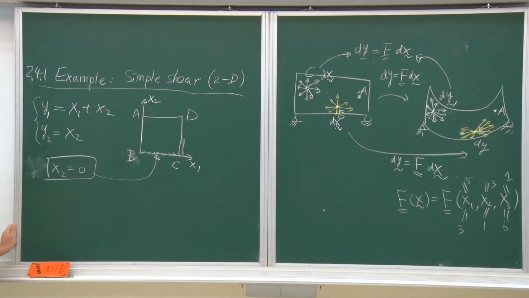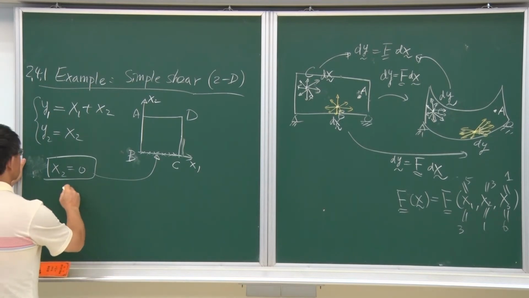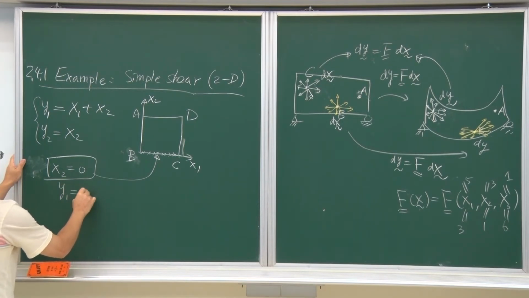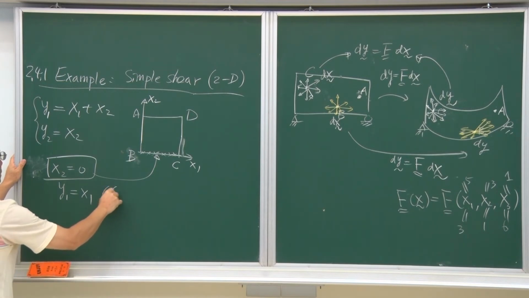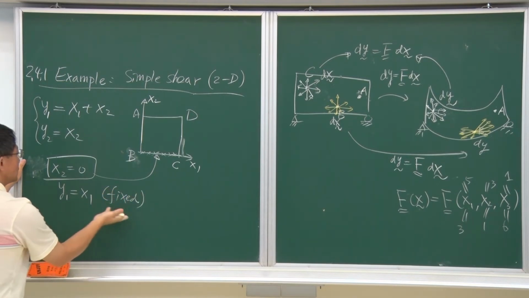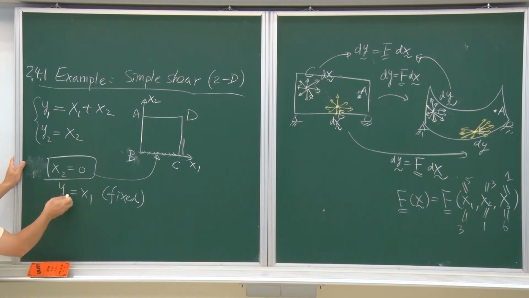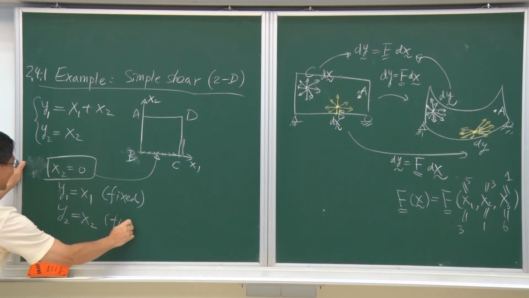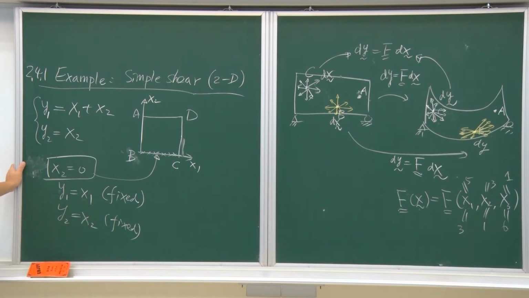Every point on this line has the property that x2 equals 0. Then what do we have? We have y1 equal to x1, so fixed, because it doesn't change. y1 equal to x1, this is the deformed position, this is the undeformed position. It doesn't change. y2 equal to x2 is fixed too. Okay. So along this line, all the material points are fixed.